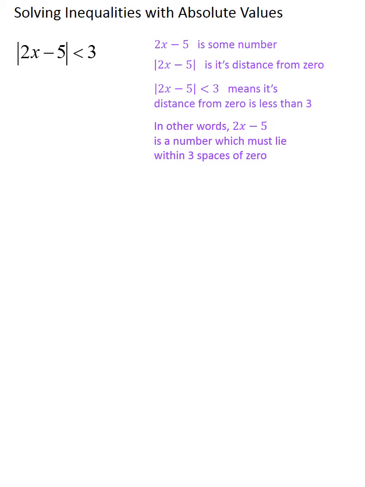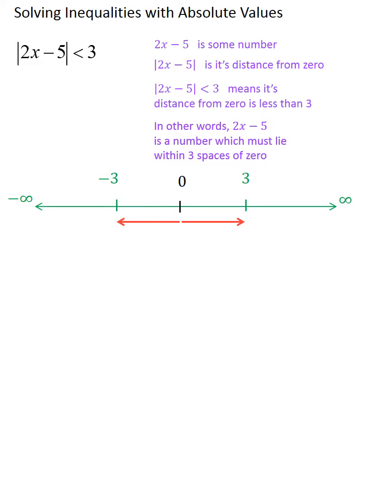In other words, it must be within 3 spaces of 0 on a number line. So here's my number line. Here's 0. 2x minus 5 must be within 3 spaces of that. Well, within 3 spaces of 0 are these two regions in red.